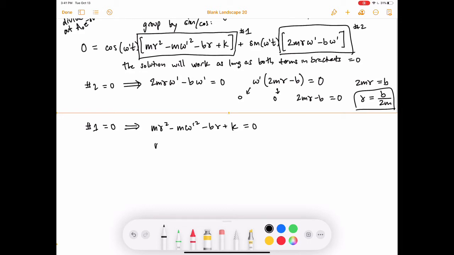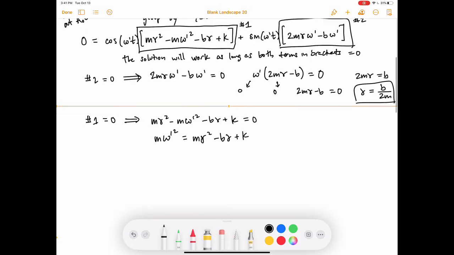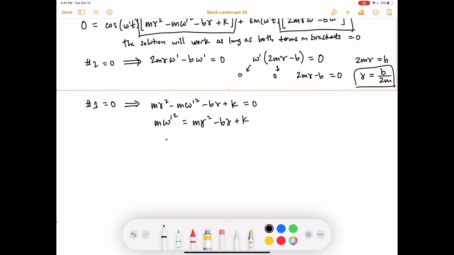Let's add m times omega prime squared to both sides. So m times omega prime squared is equal to m times gamma squared minus b times gamma plus k. And then let's divide out the mass. So omega prime squared is equal to gamma squared minus b over m times gamma plus k.